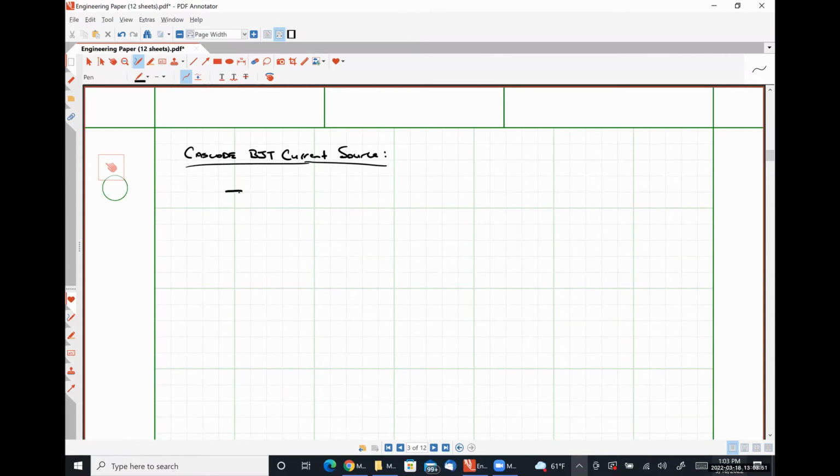So for our cascoded current mirror, where this is our current IREF, we would have the following case.